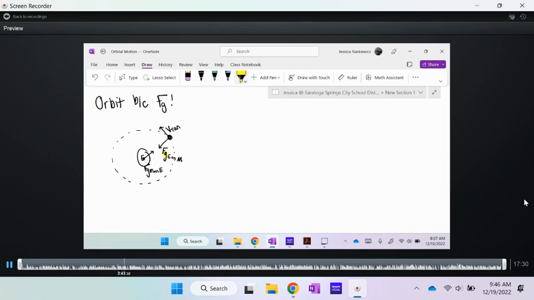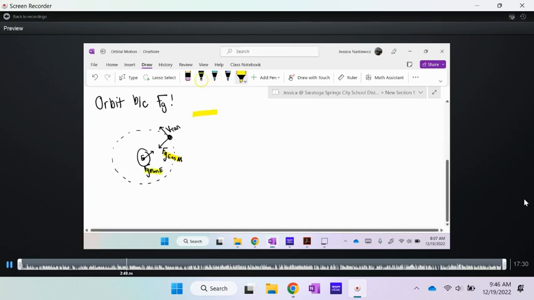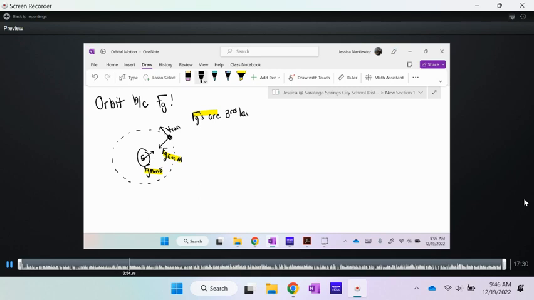And because these are forces between two objects, those two forces of gravity are third law pairs, which means that they are equal, and we can mathematically prove that to ourselves real quick, because if we were going to calculate the force of gravity, no matter what object we were calculating it on, this would be our equation: G, mass moon, mass Earth over r squared. And none of these things are going to change whether we're calculating the force of gravity of the moon on the Earth or of the Earth on the moon. So those are third law pairs.